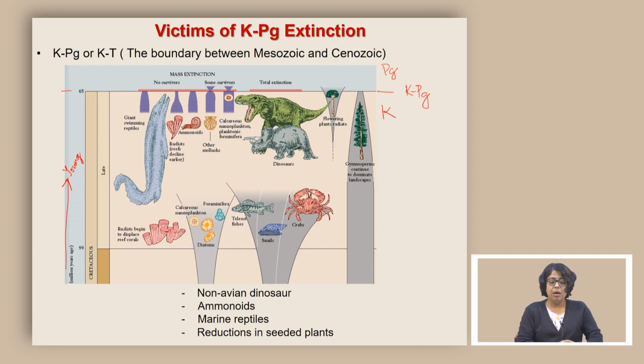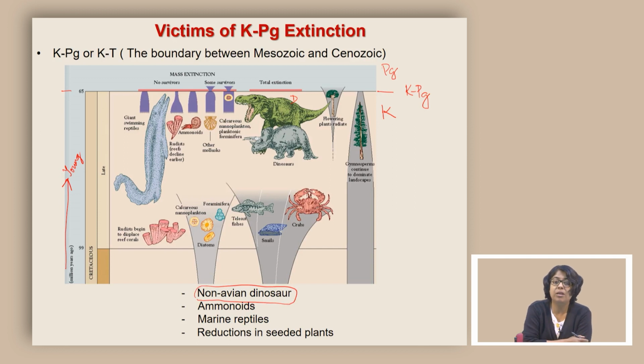Now, let us see what are the groups that were there before, and if we start, the most prominent one that we can see is a dinosaur, and these dinosaurs got extinct across this boundary, and we are specifically talking about non-avian dinosaur.